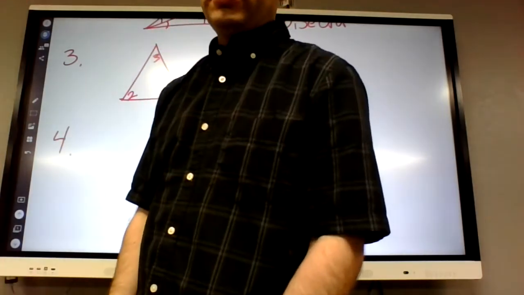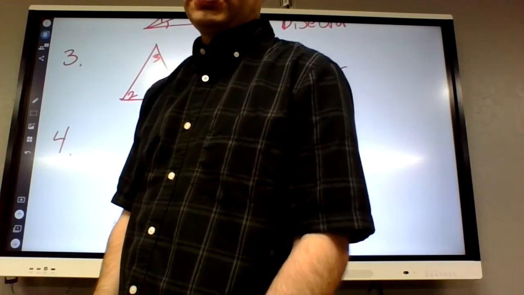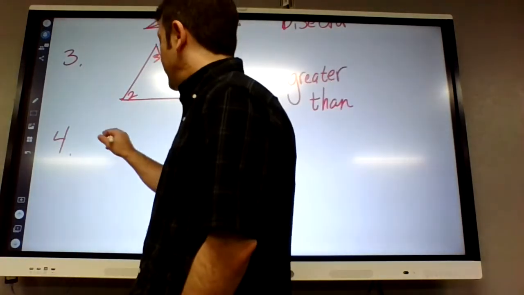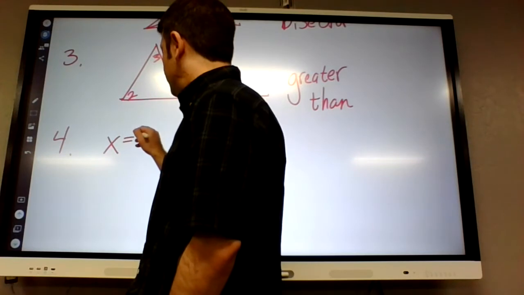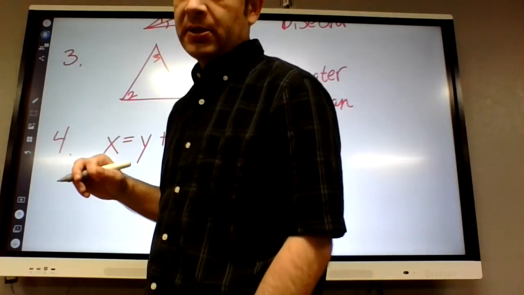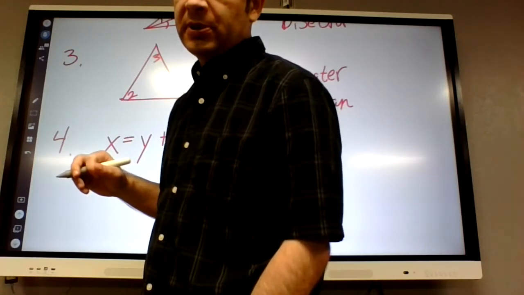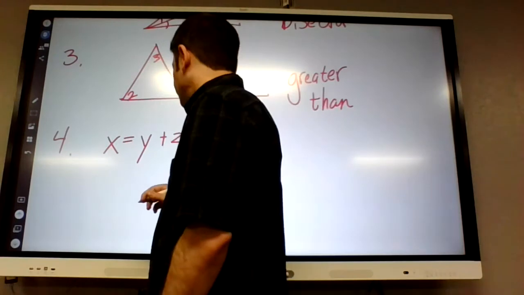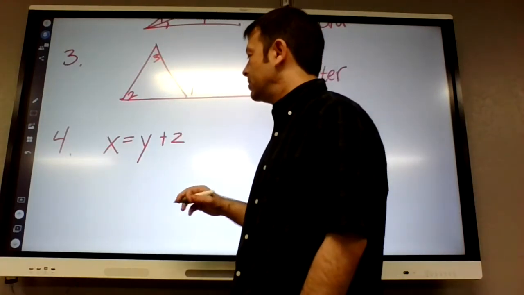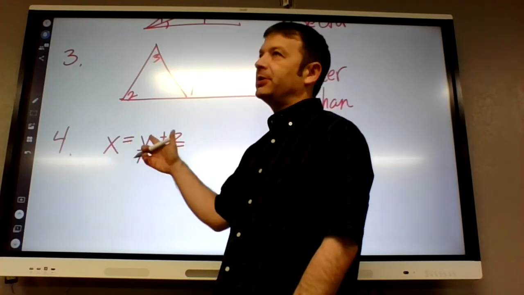Number 4, for any real numbers x, y, z, if x equals y plus z, and z is positive, then what do we know? If these numbers are positive over here, what do we know about x compared to these two numbers?